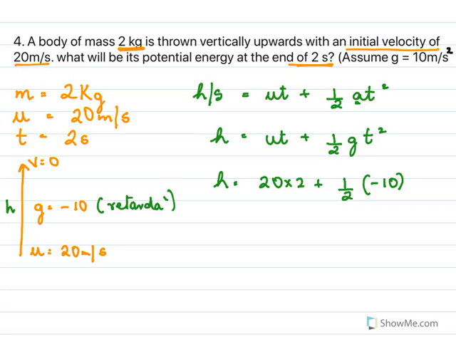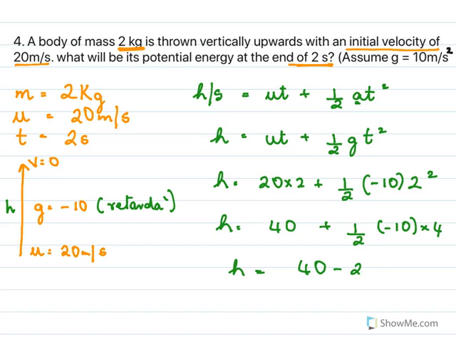You got to mention why you've taken negative. t square is 2 square. So your h is 40 plus half into minus 10 into 4. So you cancel this out, you get h equal to 40 minus 20, your h equal to 20 meter.